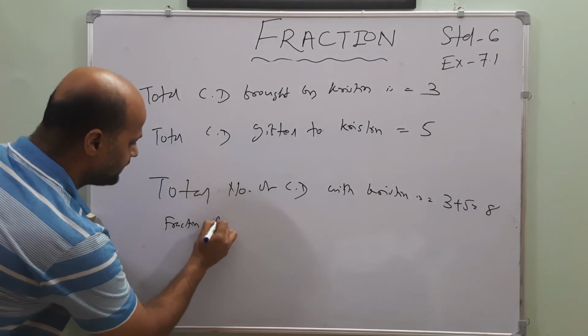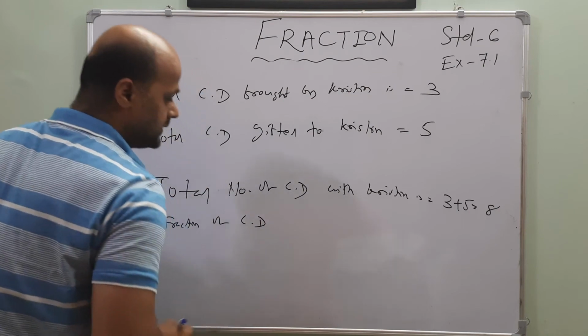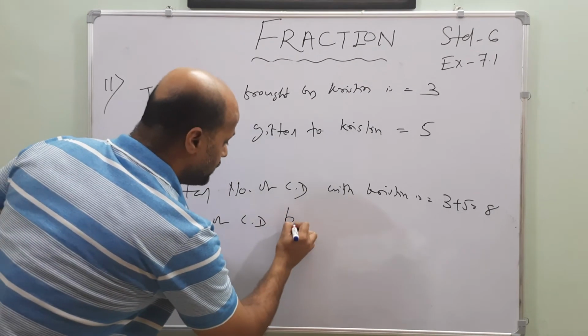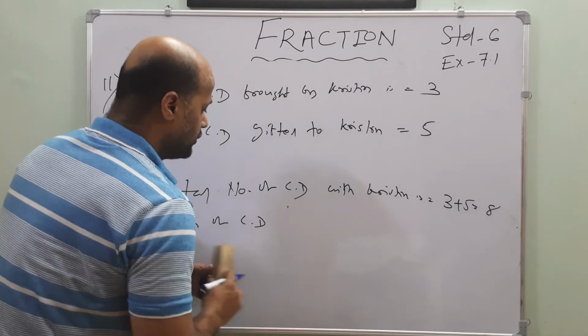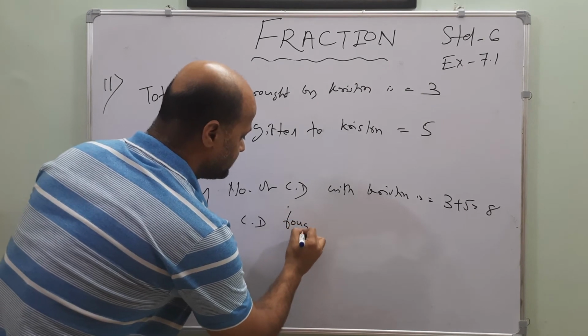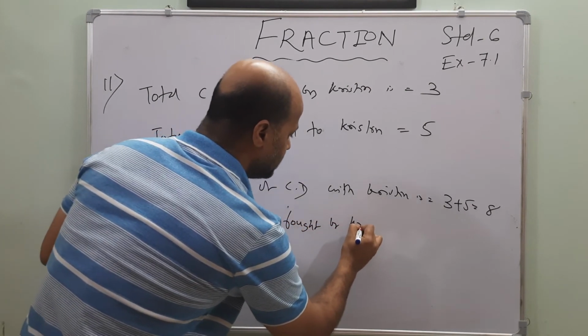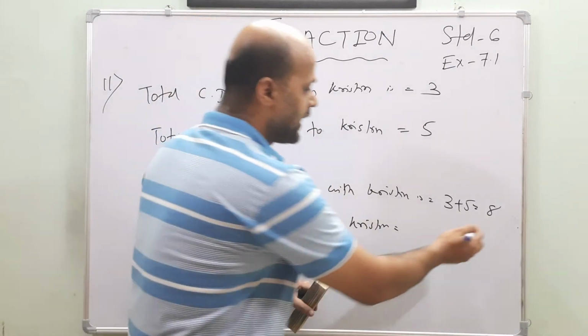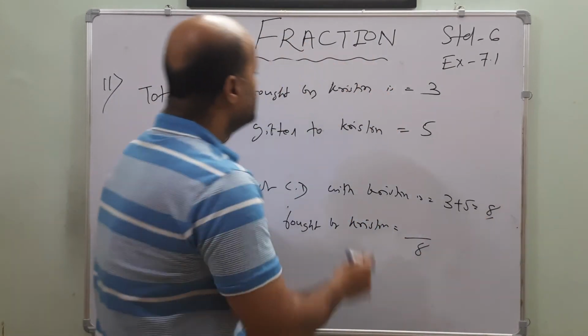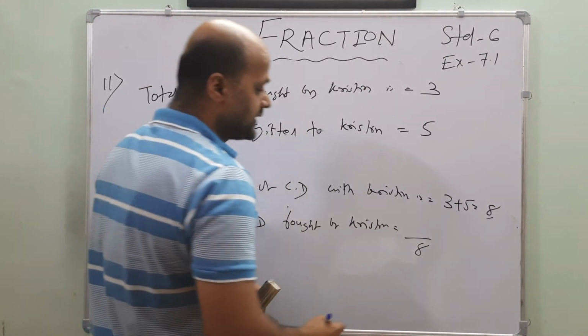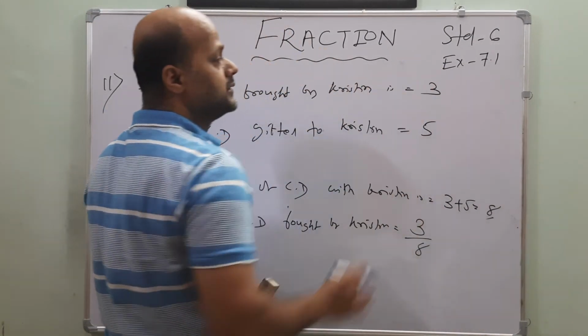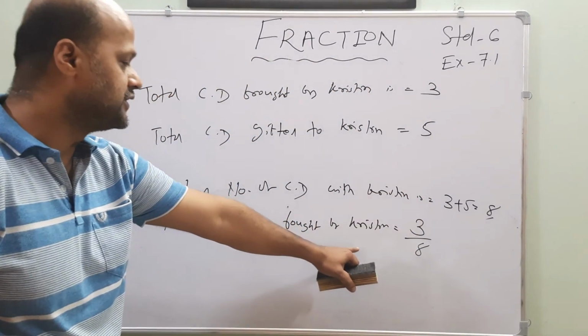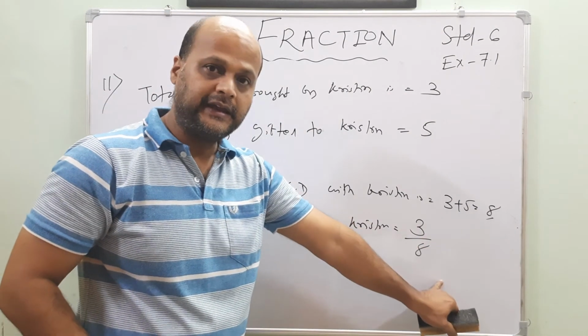Fraction of CDs bought by Christine is, what you have to do? First you have to write the total in the down. So how much part is bought by Christine? 3. Okay. So the fraction of CDs bought by Christine is 3 by 8.